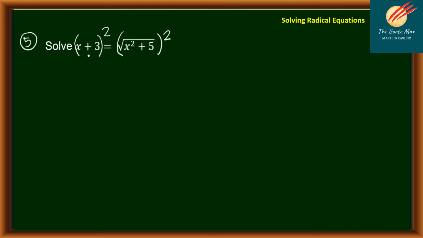Meaning to say, we will have the square of x plus 3, so that is the square of the first term, x squared, then multiply x times 3 times 2, so we'll come up with 6x. Then we have 3 times 3 is 9, because we have the square of a binomial.